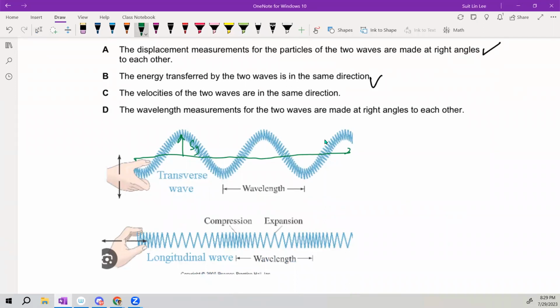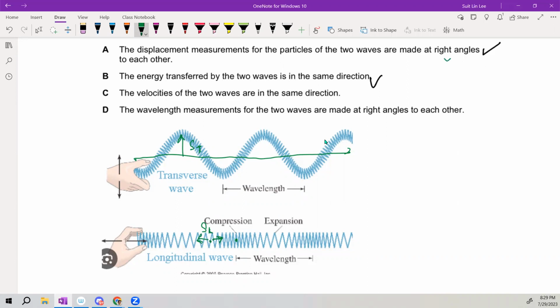When I measure displacement, let's say this is the center of compression, and maybe this particle is traveling very far. I actually measure the displacement this way because it oscillates this way. So this is one displacement for the transverse wave, and this one is the displacement for the longitudinal wave. Because the particles vibrate at 90 degrees, the displacement is at 90 degrees.